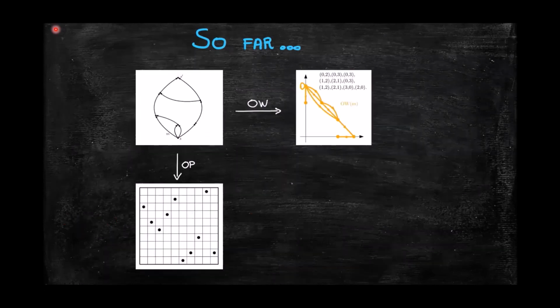So far, we have seen a bijection between bipolar orientations and tandem walks, and a second bijection between bipolar orientations and Baxter permutations. If we compose correctly these two maps, what we obtain is a bijection between tandem walks and Baxter permutations.